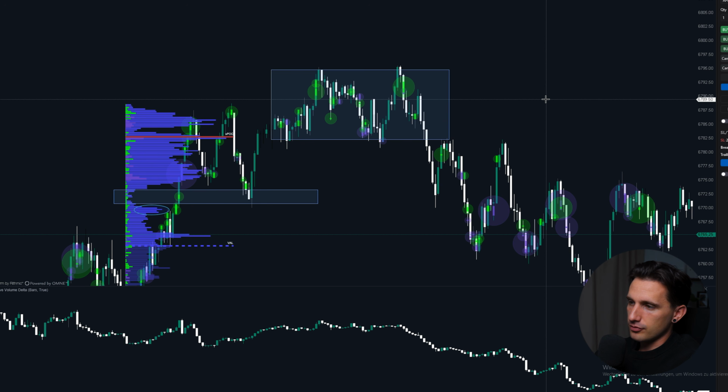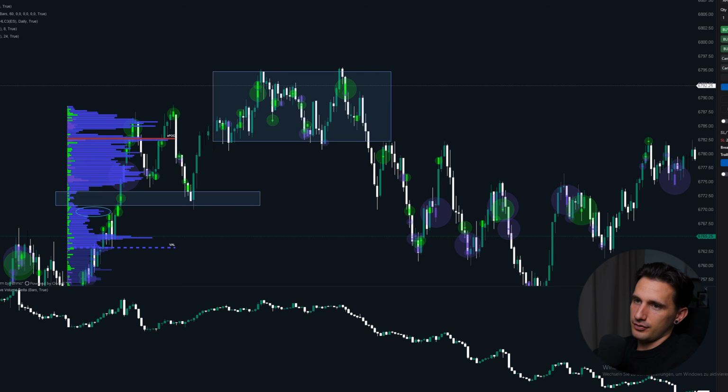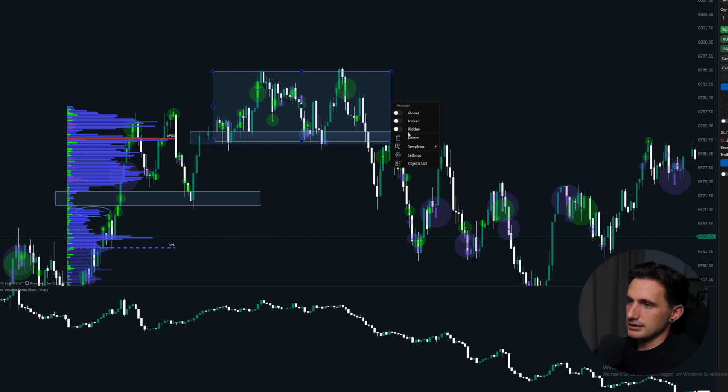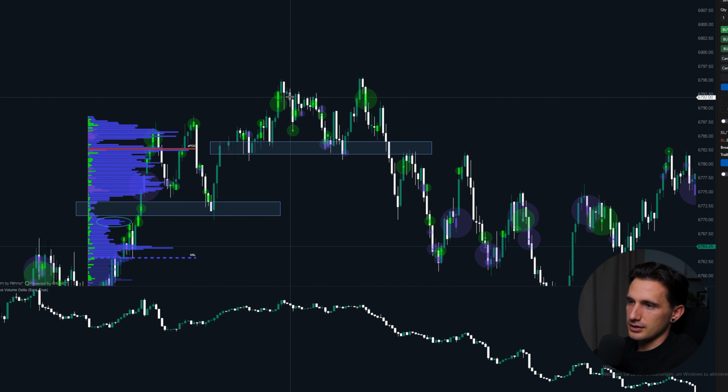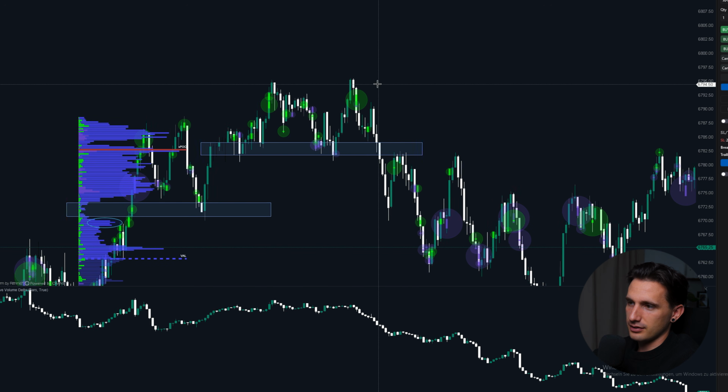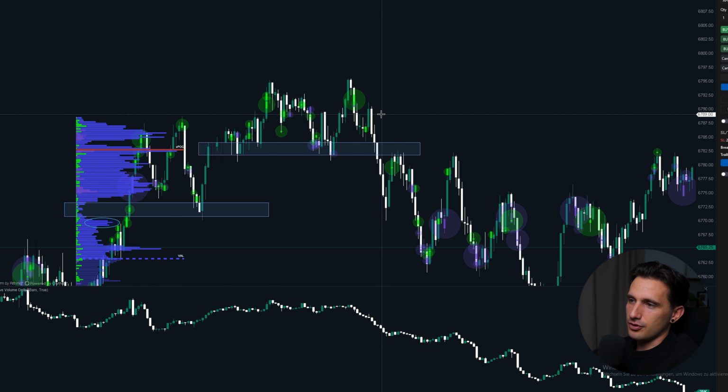Now it's getting really powerful when you use price action with order flow trading as well. When we draw a box around here, most price action traders will say that's a double top, right? Yes, it's a double top and it's confirming buyer's absorption.